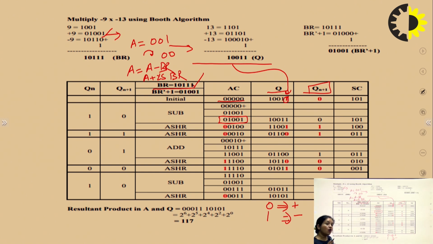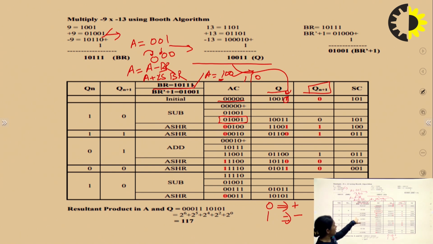It will always be a copy of the sign bit, so it will be 0. Suppose A was 1 0 0. Now how will it be? This will go to the next, 0 1. The leftmost bit was 1, the sign bit, so it will be copied. This is called arithmetic right shift.